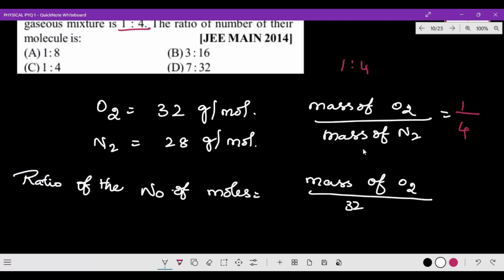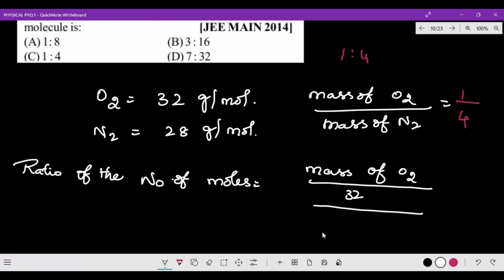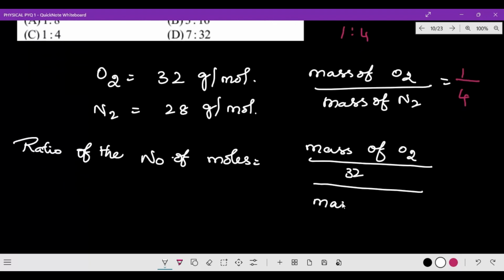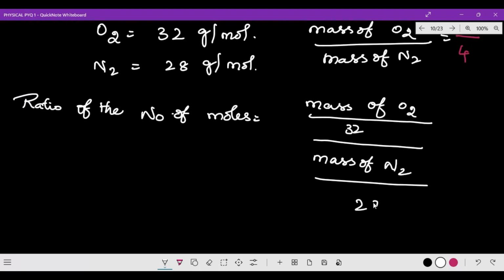The mass we have is 1, divided by the molecular mass of oxygen, divided by mass of nitrogen, which is given as 4, divided by 28. Now how do we write it here? O2 by N2 into 28 divided by 32.